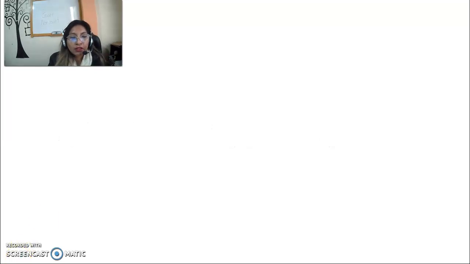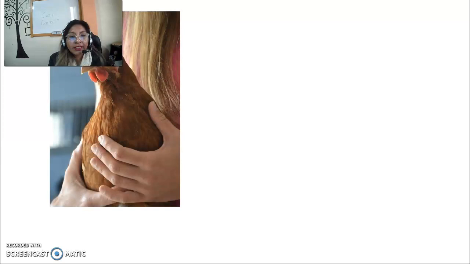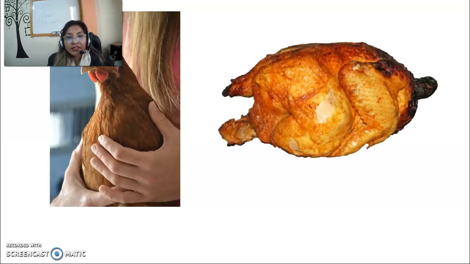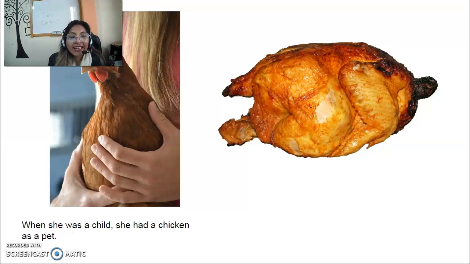Let's say some words. For example, here we have a chicken, and this is an animal. And on the other side, we have the poor chicken, but as food. The first image represents a count noun. For example, I can say, when she was a child, she had a chicken as a pet.